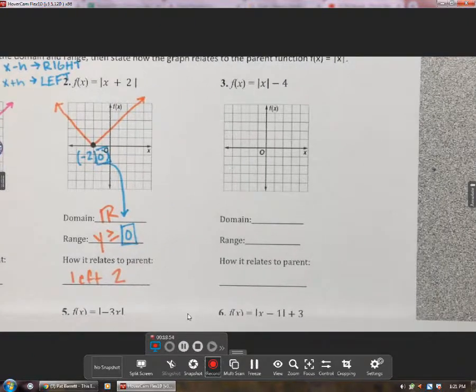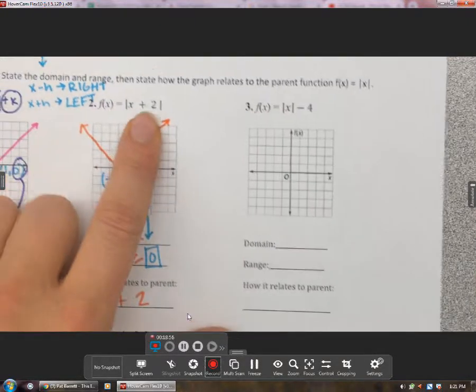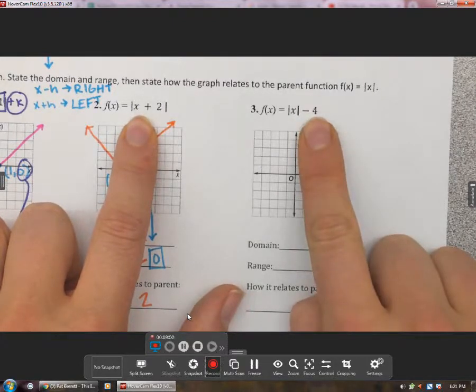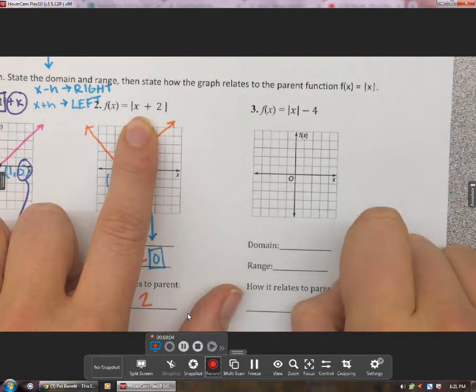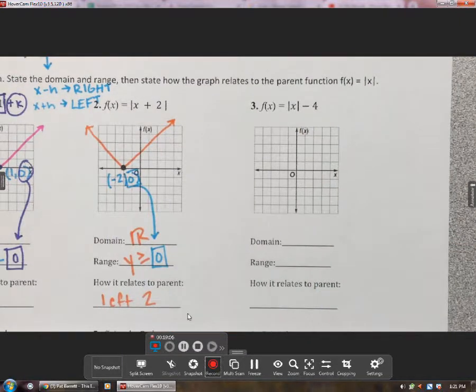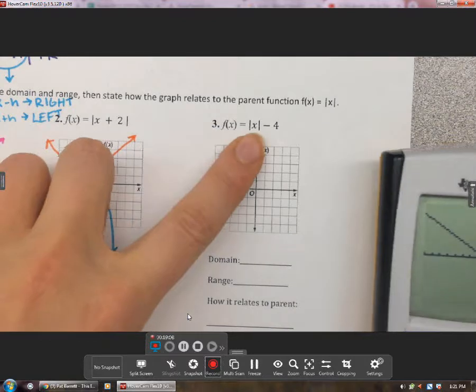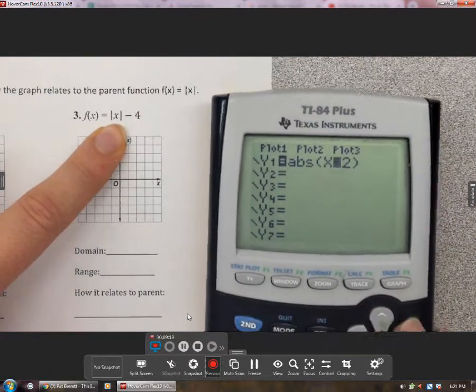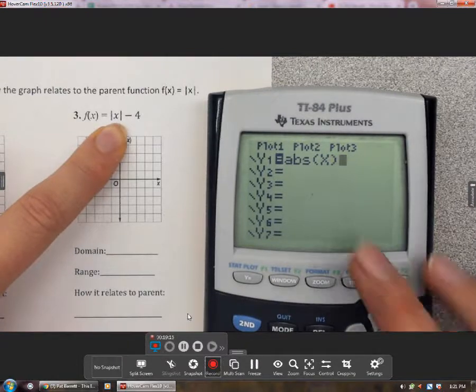Number 3. Ooh, this one looks different. See how this had a number inside the absolute value? This has a number outside the absolute value. So my domain, well, let's graph it first. I hope you're thinking about what this would look like. To change my graph here, I'm going to delete. So it's just x.